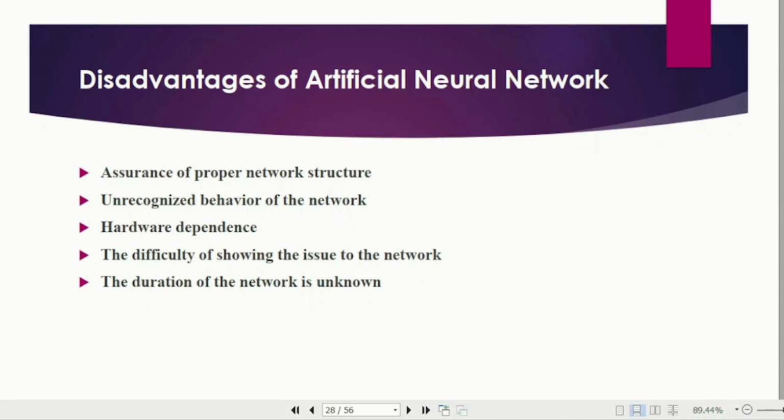So the presentation mechanism directly impacts the performance of the network, and it relies on the user's ability. The last disadvantage of ANN is that the duration of the network is unknown. The network is reduced to a specific value of error, and this value does not give us the optimum result. So that's why it is a disadvantage of the neural network.